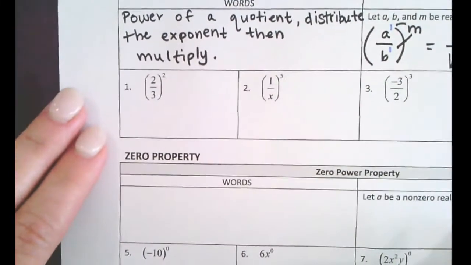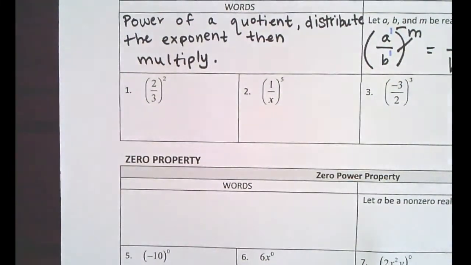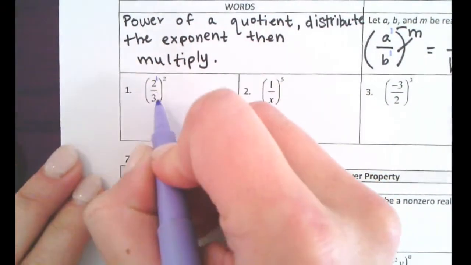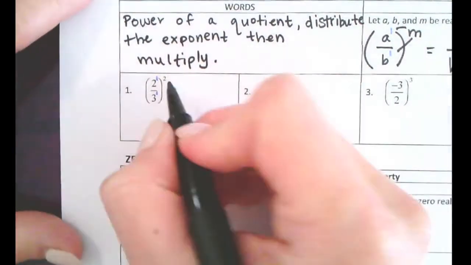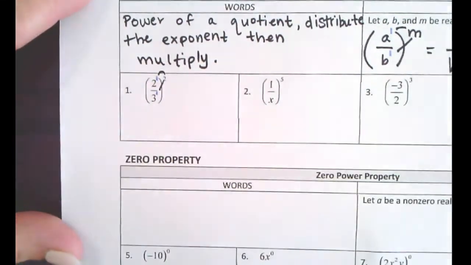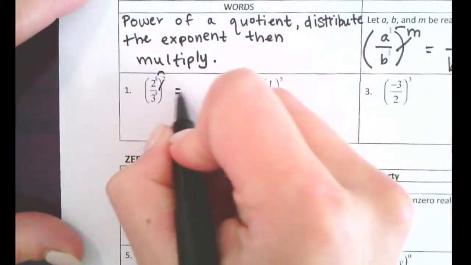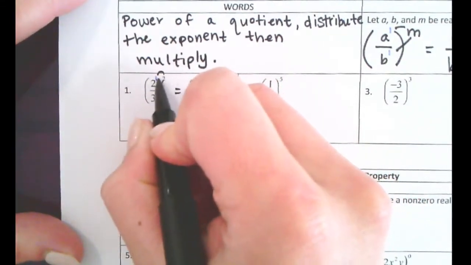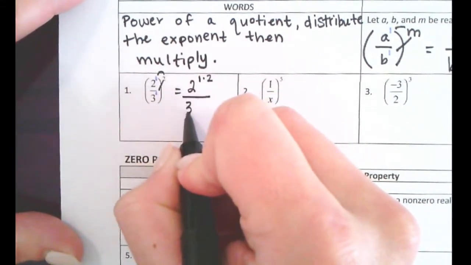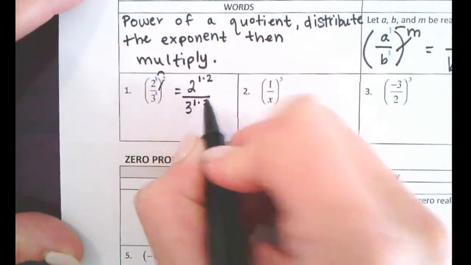So let's practice this problem. The first problem is 2/3 squared. So the exponent of 2 is 1 and the exponent of 3 is 1. I'm going to distribute my power to both of those. And I get 2 raised to the 1 times 2 with that multiplication divided by 3 to the 1 times 2.